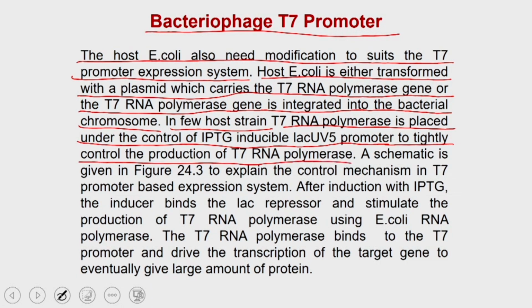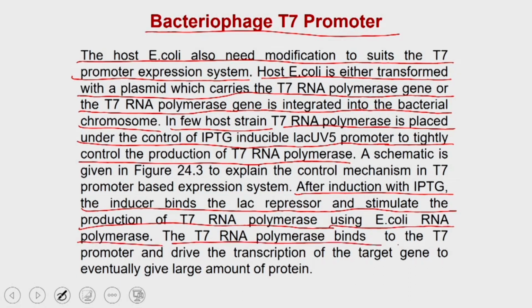After induction with IPTG, the inducer binds the lac repressor and stimulates the production of T7 RNA polymerase using E. coli RNA polymerase. The T7 RNA polymerase binds to the T7 promoter and drives the transcription of the target gene to eventually give a large amount of protein.